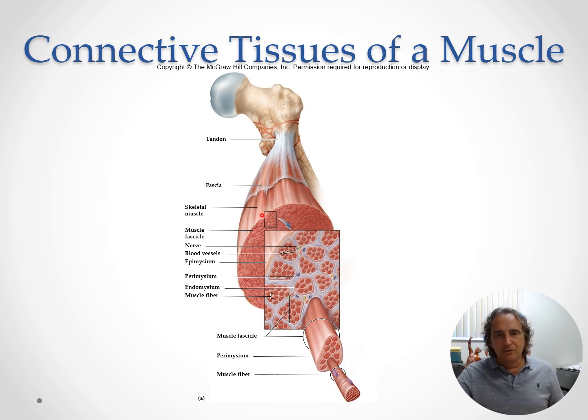So if you're confused, you have endomysium surrounding the individual muscle fibers, perimysium surrounding a bunch of bundles, and then when all of those bundles are put together, you have epimysium surrounding them.